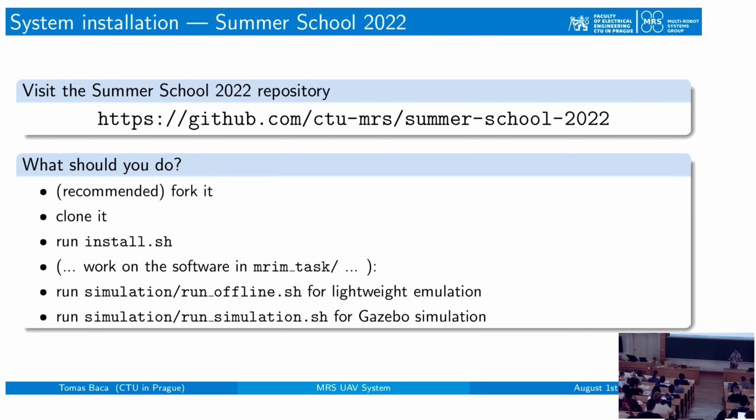So this is the right time if you want to open some addresses: github.com/c2mrs/summerschool2022. This is a tiny repository, not that huge, but the install script inside will install Singularity. If you have Ubuntu, if you have some other Linux system, please install Singularity yourself according to the official installation guide of Singularity.